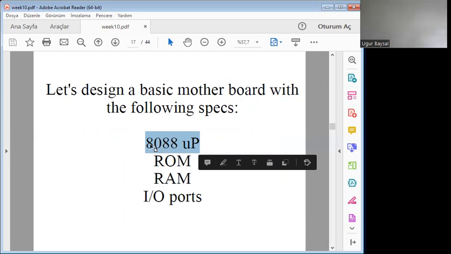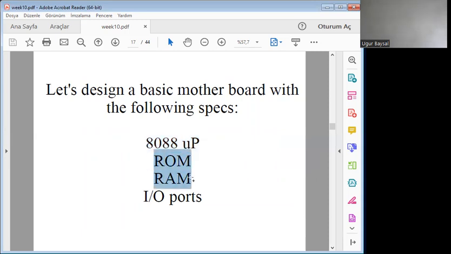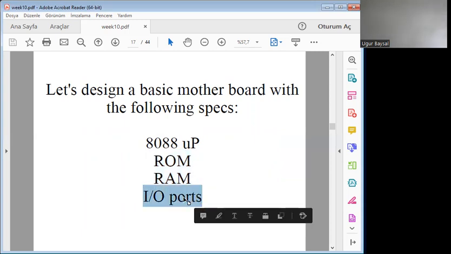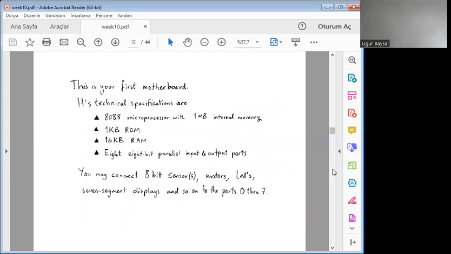Our motherboard consists of our microprocessor, a memory bank from 2 very basic or primitive memory elements, and some number of I/O ports. So that would be our basic motherboard design. Our ROM and RAM are exactly the same as the previous 1 kilobyte by 8 and 16 kilobyte by 8 memory elements used in the previous parts of the lecture.